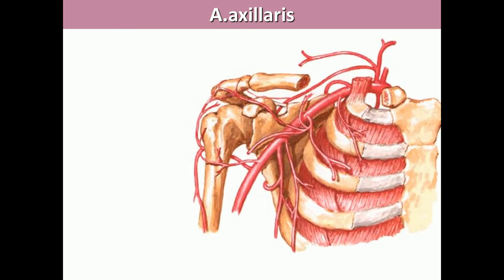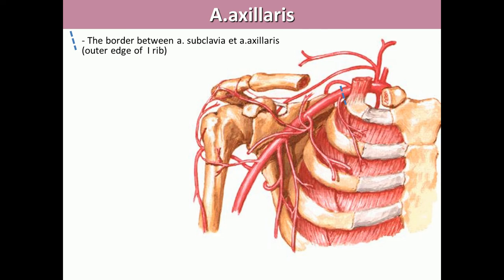And now let's try to find all the branches in this scheme. First of all, let's ask ourselves, where is the border between arteria subclavia and arteria axillaris? Surely arteria axillaris is the prolongation of arteria subclavia, and this dotted blue line demonstrates the border.